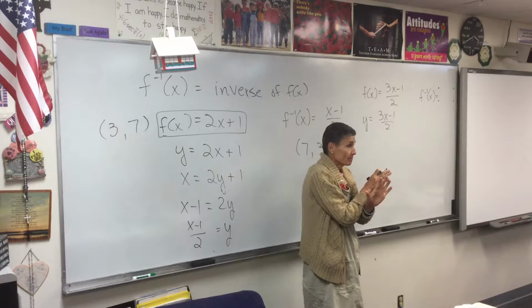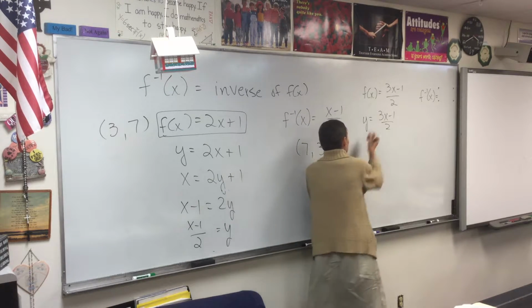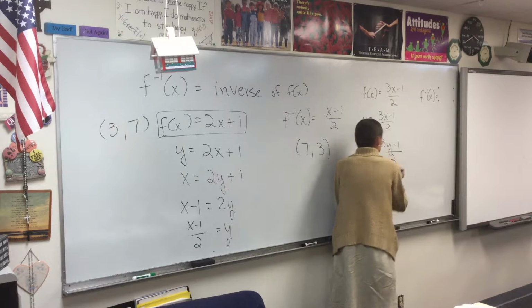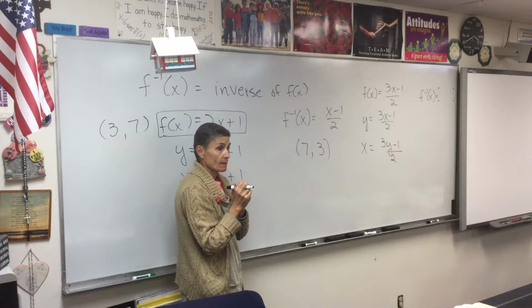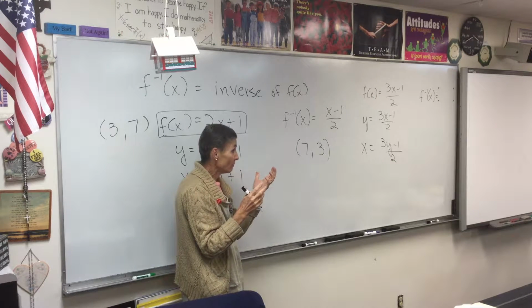Switch x and y. So make it x equals 3y minus 1. And now we do whatever we have to do to get y by itself.